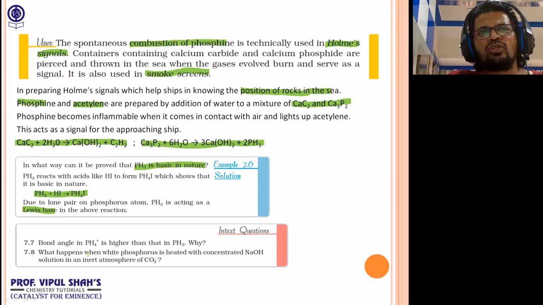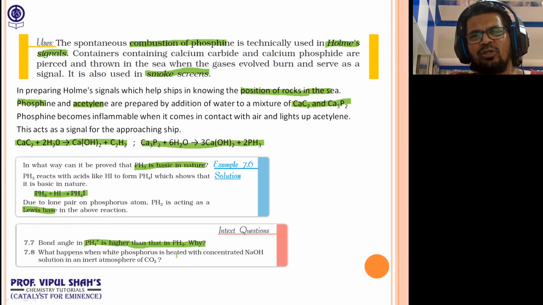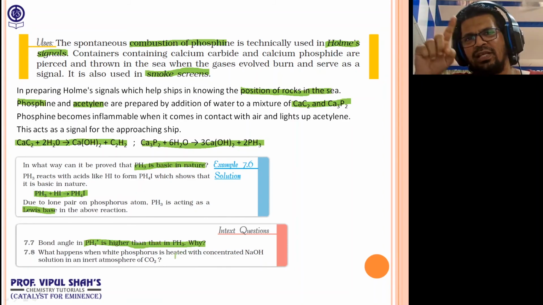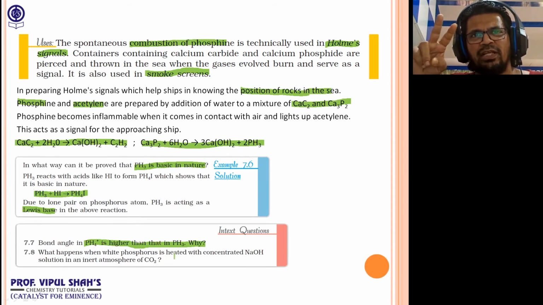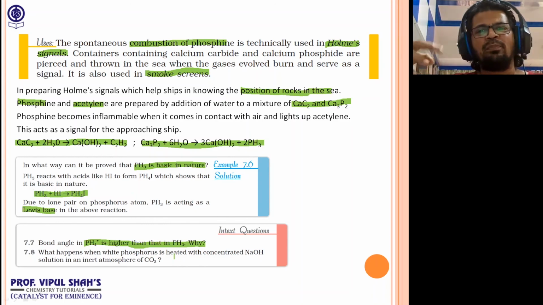Second, a question: bond angle in PH4 plus is higher than that of PH3. Why? Simple. PH3 structure is similar to ammonia. Phosphorus has 3s2 3p3, so one lone pair of 3s2 and 3 bonds with hydrogen. So lone pair and 3 bonds, like sp3, distorted tetrahedral pyramidal shape.